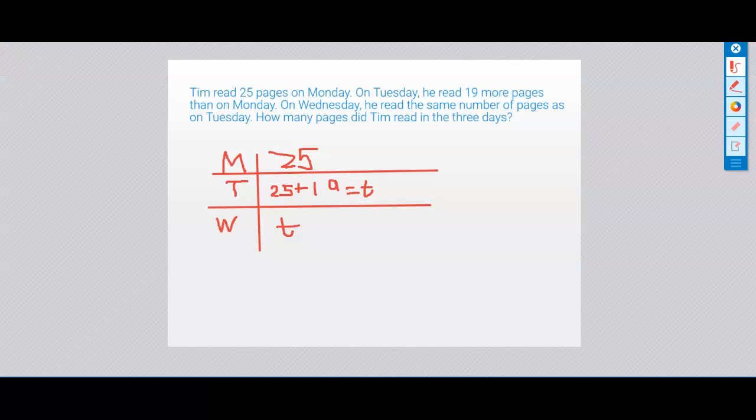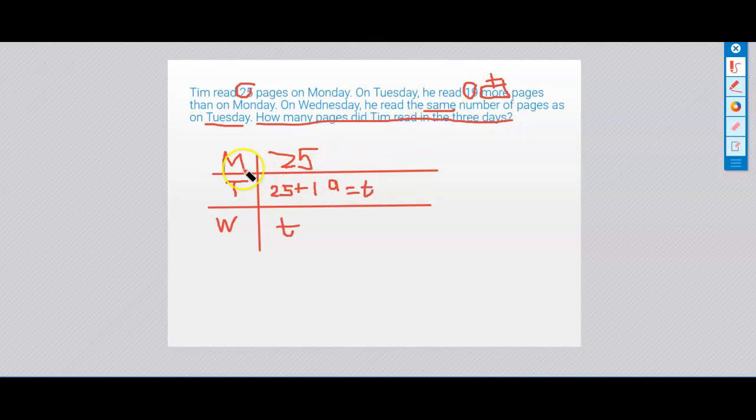So here's our table. So we have Tim read 25 pages on Monday. On Tuesday, he read 19 more pages than on Monday. More means add. On Wednesday, he read the same number of pages as on Tuesday. How many pages did Tim read on the 3 days?